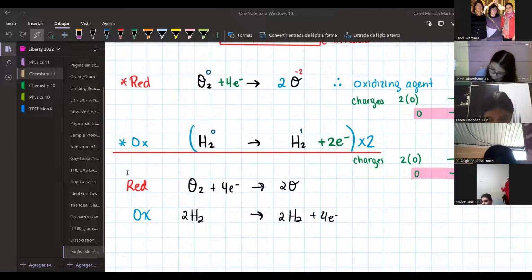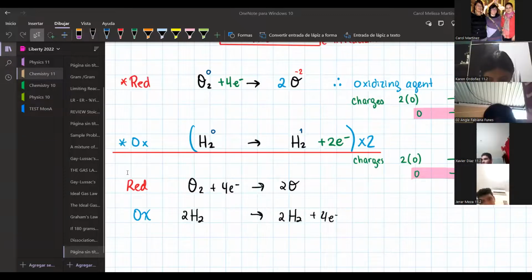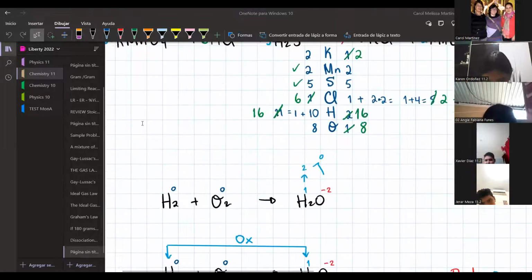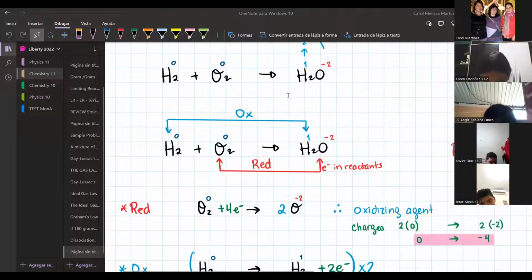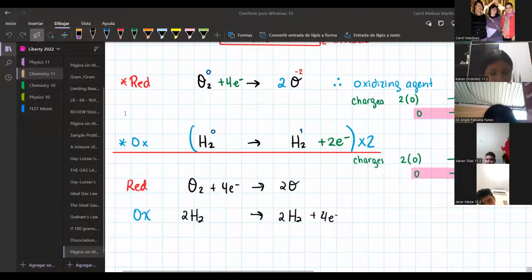There's not always a definite path, okay? It's going to be different according to your needs, according to what your exercise needs. Does your exercise need to be balanced? Do you need to cross multiply, or do you just need to find a factor to equalize the number of electrons?